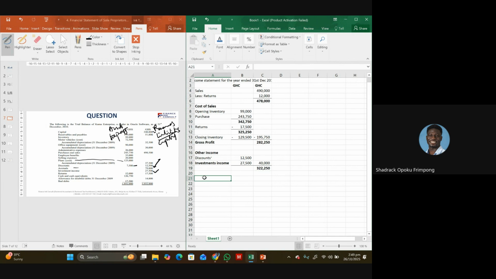So let's do operating expenses. So let's look at our expenses. Let's list them.